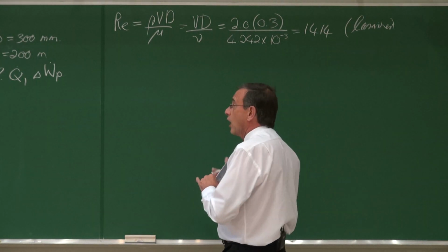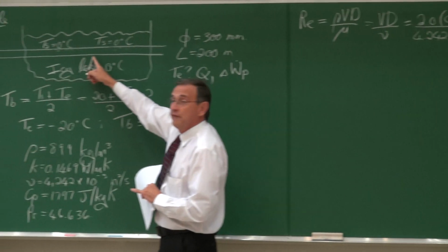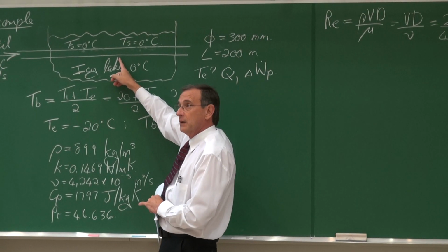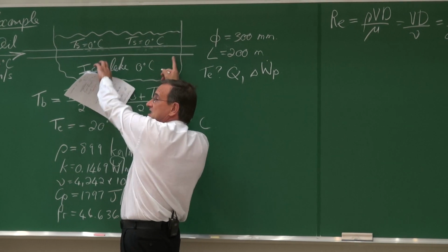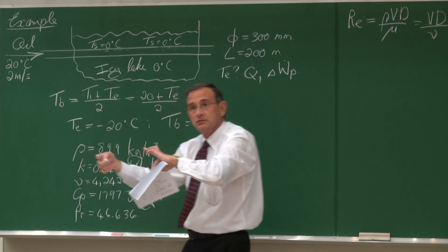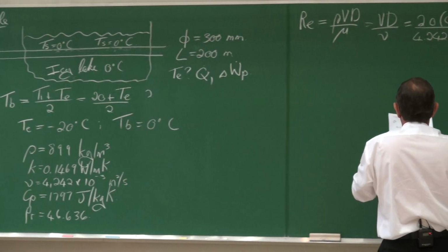Right. Now, how long is it going to take before the flow is fully developed? Because remember, the Nusselt number 3.66 is for the fully developed part. Okay, so let's just check that.